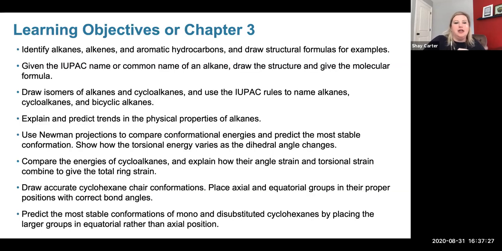Draw accurate cyclohexane chair conformations and then place axial and equatorial groups in their proper positions with correct bond angles, and then predict the most stable conformations of mono and disubstituted cyclohexanes by placing larger groups in the equatorial rather than the axial position. Okay, so keep these learning objectives in mind as you're going through your practice problems and things. They're informative as they are, and we're going to talk more about them.